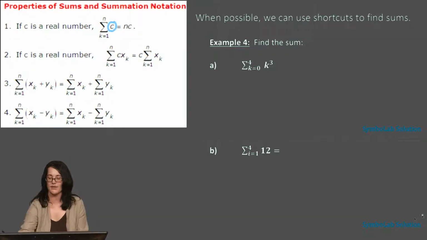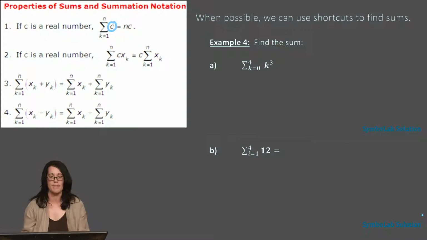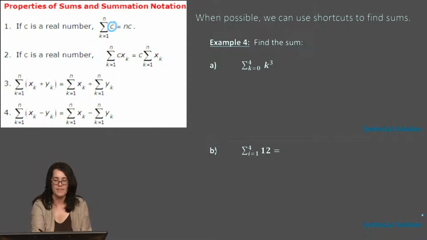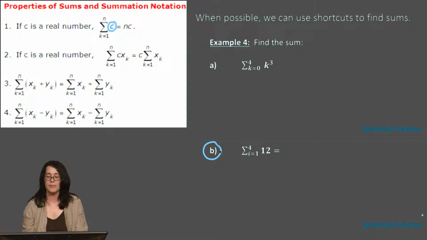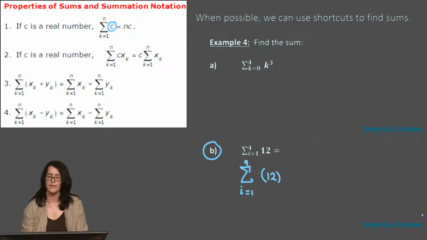And if that's a constant like the number 5, we're really saying add that term over and over again, starting at the first term and stopping when k equals that n. So for example, we have that in part B. In part B here of our example it says, can you add up the sequence 12, starting when i equals 1 and stopping at i equals 4? What is that saying?